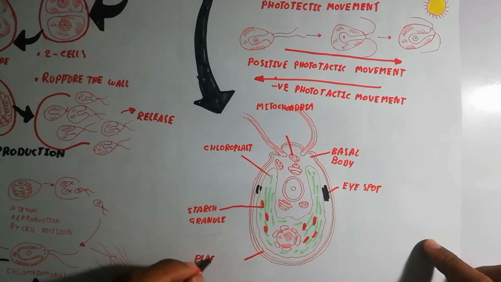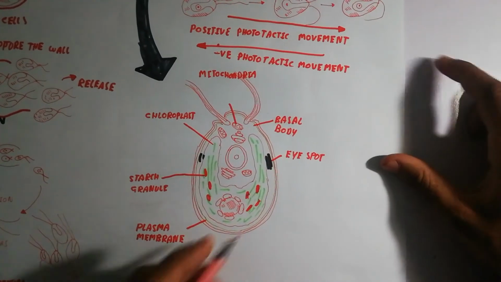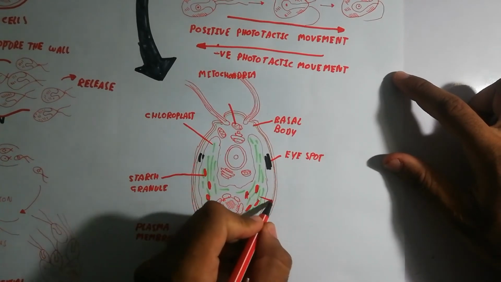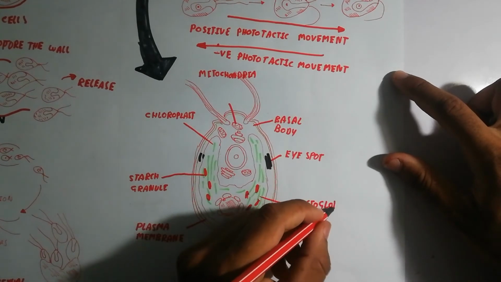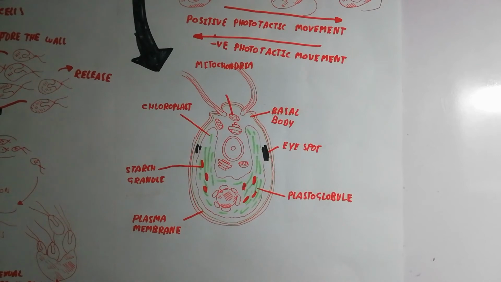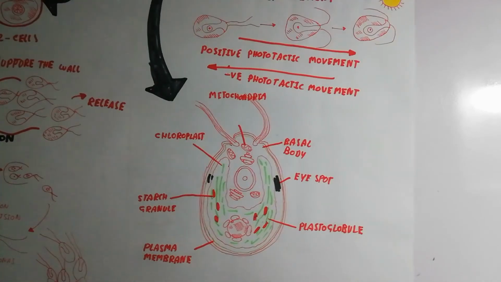Here is the starch granule, present in the chloroplast, and the chloroplast contains filament, and the filament contains thylakoid, and the thylakoid membrane contains plastoglobule, and this plastoglobule has a very important function.